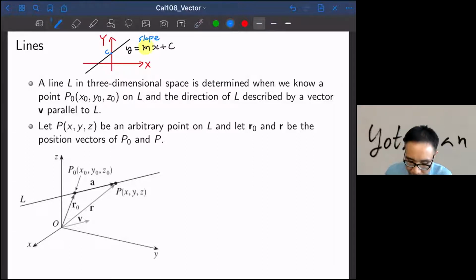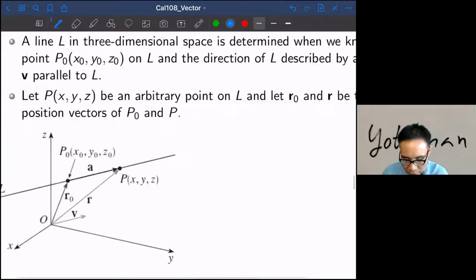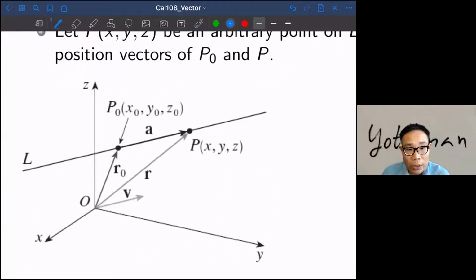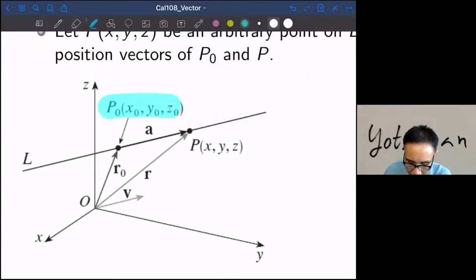In three dimensions it is a little different, because it is not a slope that is used to determine the equation of the line. If you have a line in three dimensions, what you can fix for this line is one point on it.